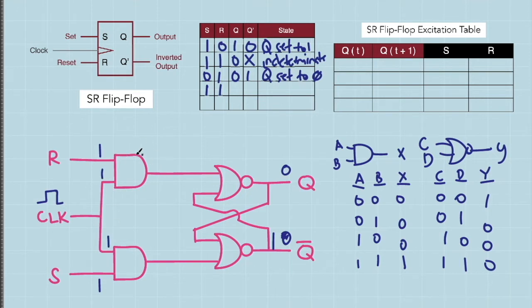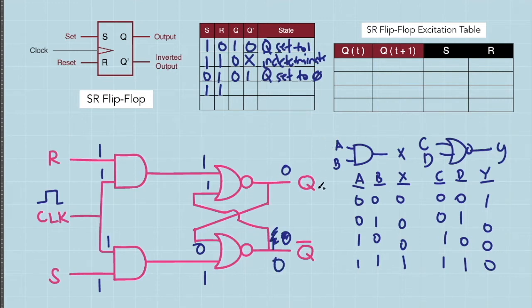So 1 and 1 for this first AND gate will result in an output of 1. And since this is 1, 1 and 1 for this NOR gate will result in an output of 0. Next, for this second AND gate, its inputs are both 1 and 1, hence this will result in an output of 1, and since this is 0, the output of this NOR gate will be 0 as well.